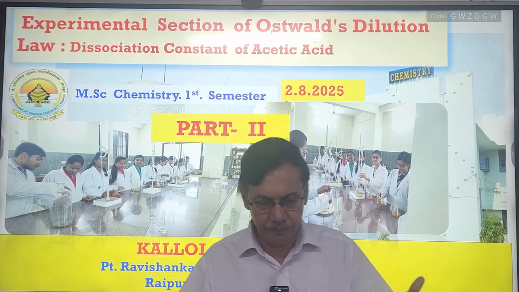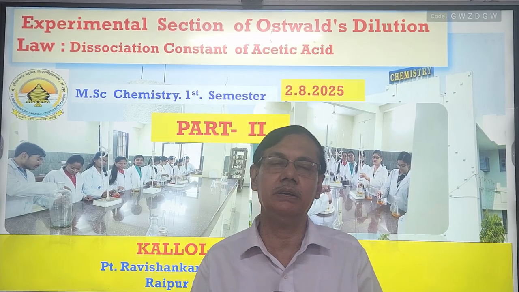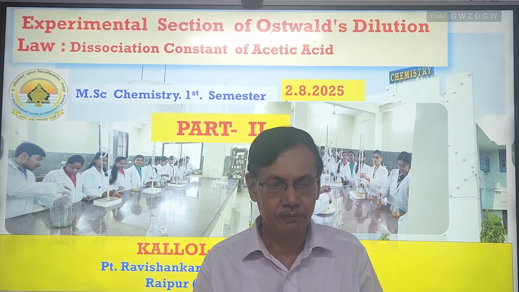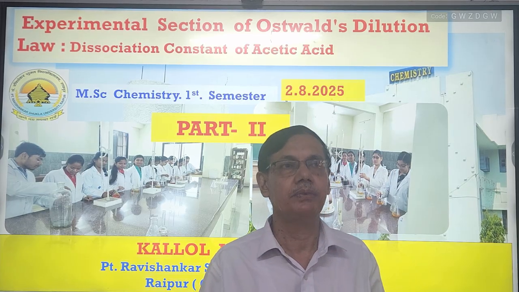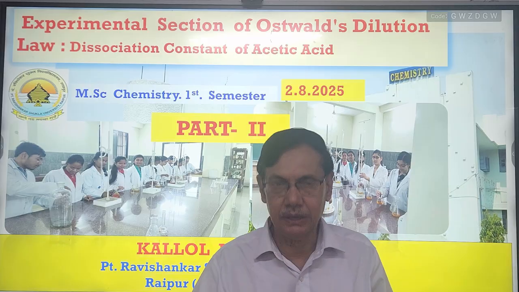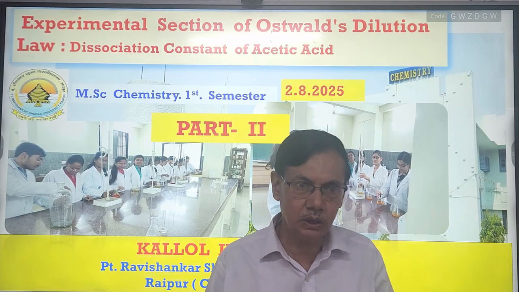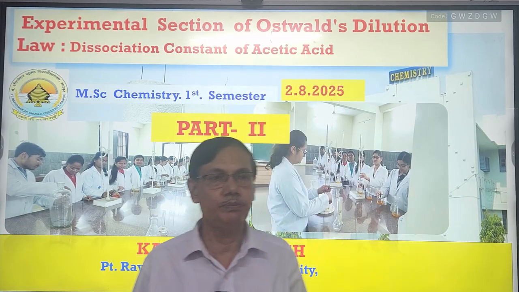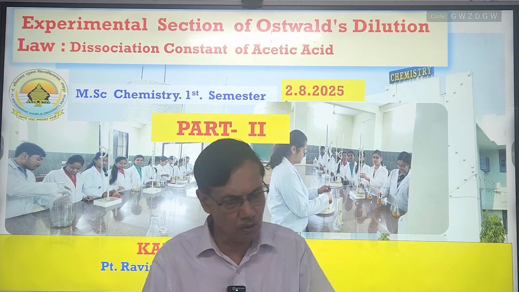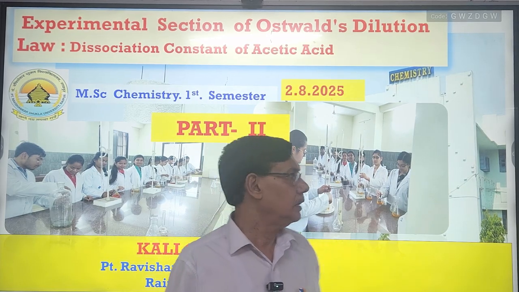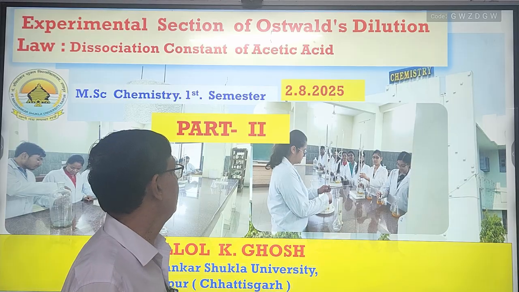For example, the first part of any conductometric experiment is the determination of the cell constant, and the preparation of different acetic acid solutions, N/50 KCl and N/100 KCl. You have prepared all the solutions. Now this is the second part.